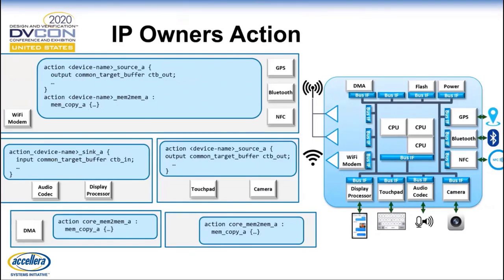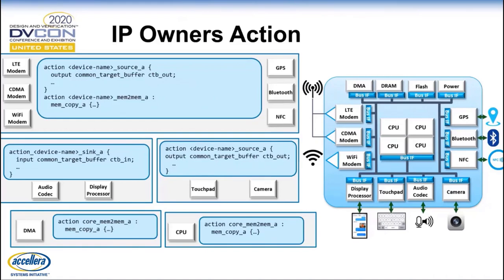And the inferencing of the system-level scenario will figure out how to bind these actions. So the user doesn't need to write specific directed behaviors. You can let the tool figure out the behaviors from IP to IP through memory without writing a complex directed scenario and trying to cover all the cases.